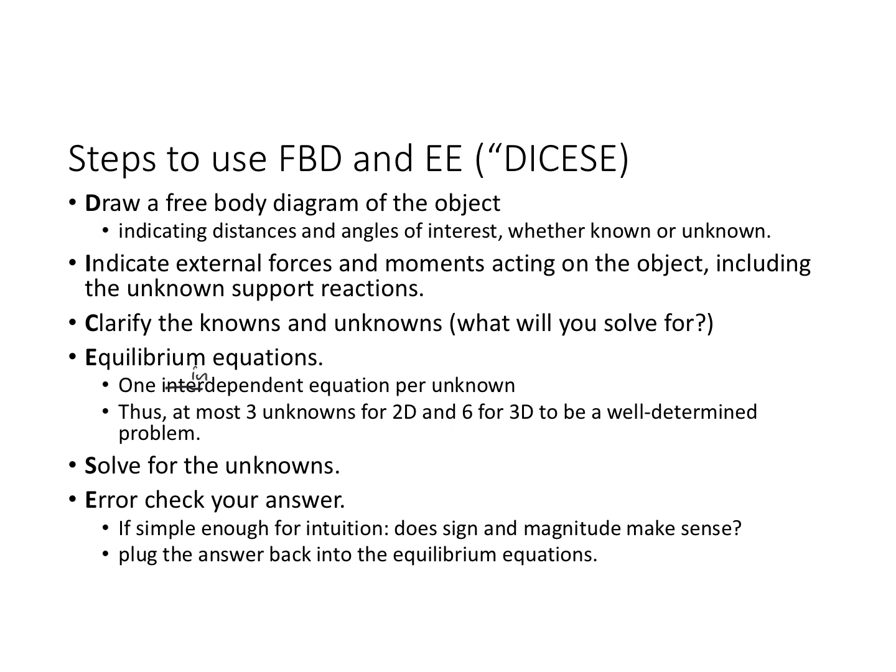In a two-dimensional problem, you only have equilibrium equations for rotation and movement in the two directions, so generally you want at most three unknowns, whereas in 3D you might have 6 unknowns to be a well-determined problem. Then after you've written the equations, you just solve for the unknowns.